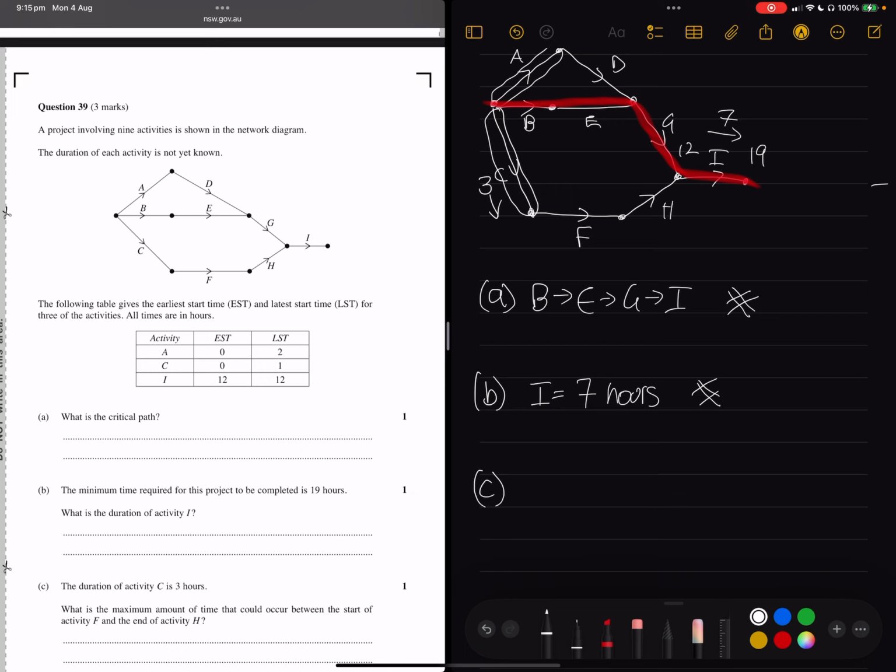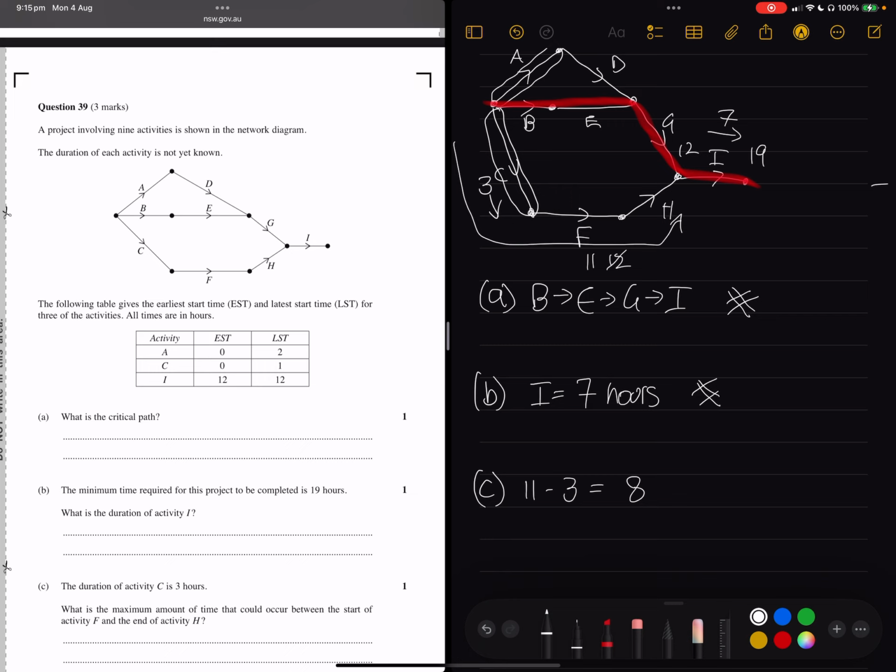So if it starts at the beginning, this whole path takes 12. But actually, it's got that 1 hour gap. So if it starts at the beginning, the whole process finishes in 11. So the maximum time that could occur between the start of activity F and the end of H is 11 minus 3, which is equal to 8.